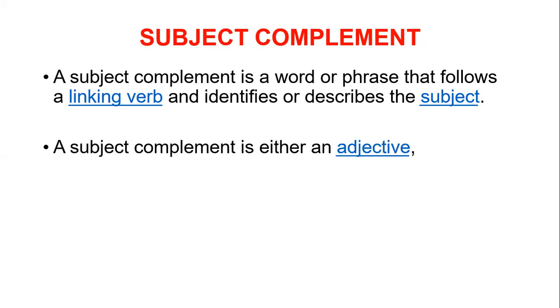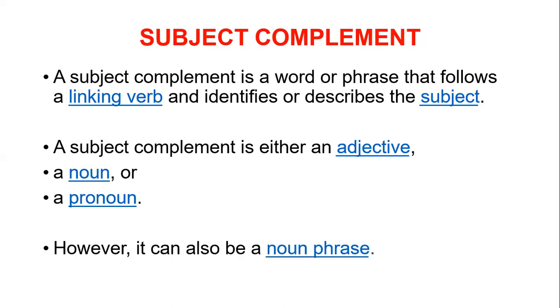A subject complement is either an adjective, a noun, or a pronoun. So remember, it can be an adjective, noun, or pronoun. Further, it can also be a noun phrase. So there is a possibility of an adjective phrase or noun phrase after the linking verb. This is called subject complement.